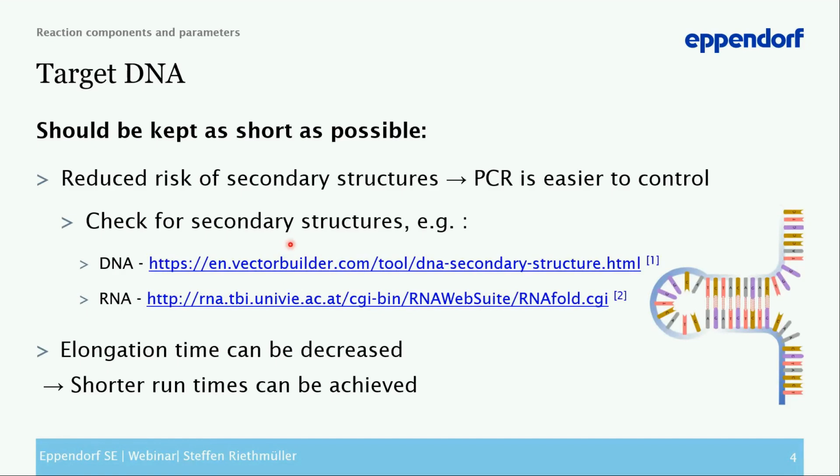It's a free tool, and I can really recommend it. The same is true if you want to check for RNA. You can use another tool, which is also for free, which is working well. Another advantage is if you have a short target DNA, that you can also shorten the elongation time, and this will shorten your whole PCR.